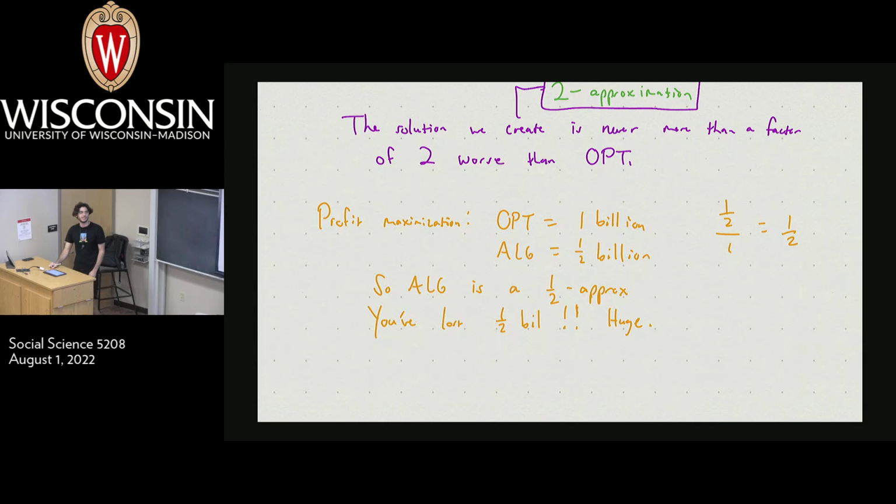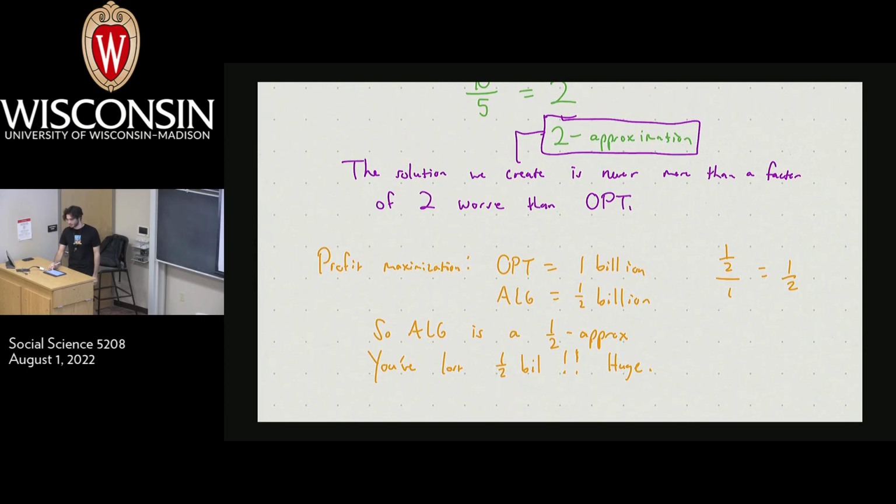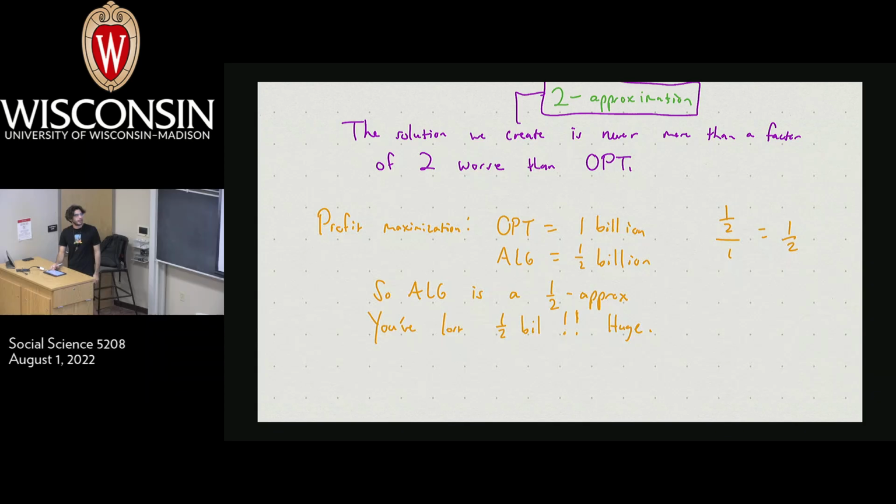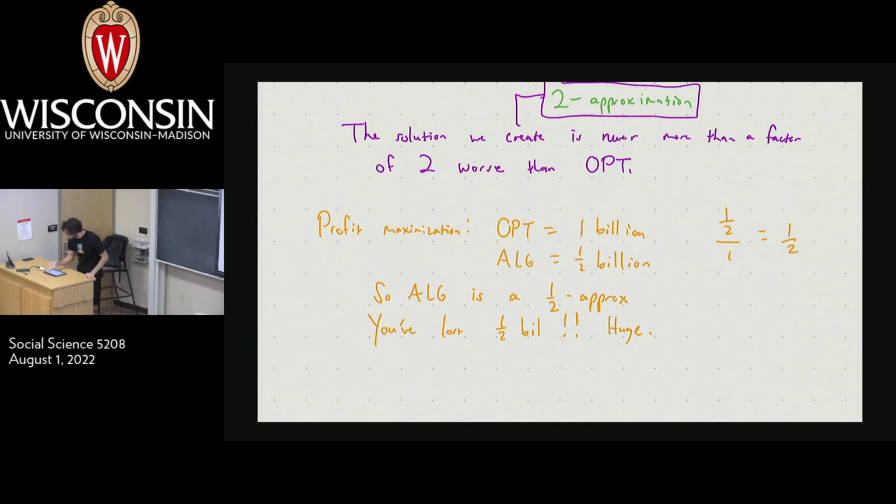So a common critique of approximation algorithms is because we typically look at what's called multiplicative approximation, which is saying, look at the ratio of the solutions. And the justification here is, although you could view it as we've lost $1/2 billion, which is pretty bad, still $1/2 billion is better than $0, and it's pretty close to $1 billion.